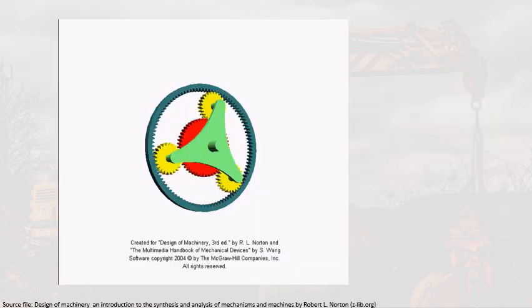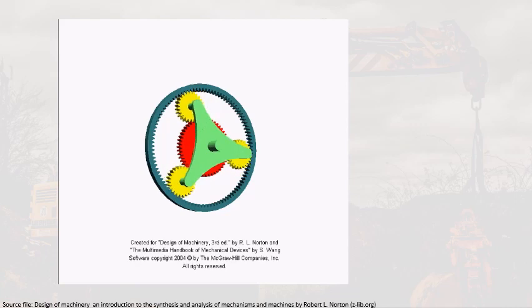A more useful configuration of the planetary gear is shown in this slide, wherein a ring gear is added. This ring gear, the ring at the outer portion, meshes with the planet and pivots at O2 at the center here.